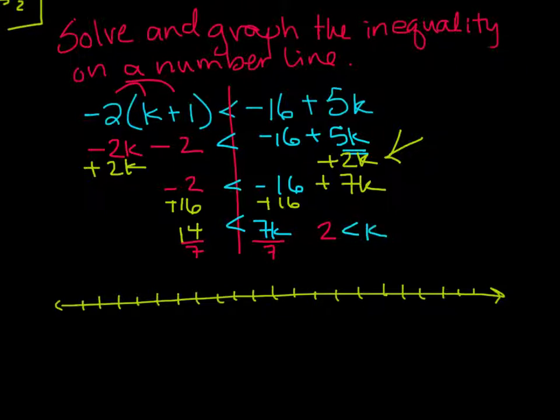Now let's graph this. Let's indicate a 0, and then find a 2. We are going to make an open circle, because this inequality has no less than or equal to signs. Everything greater than that number is going to work for this inequality.